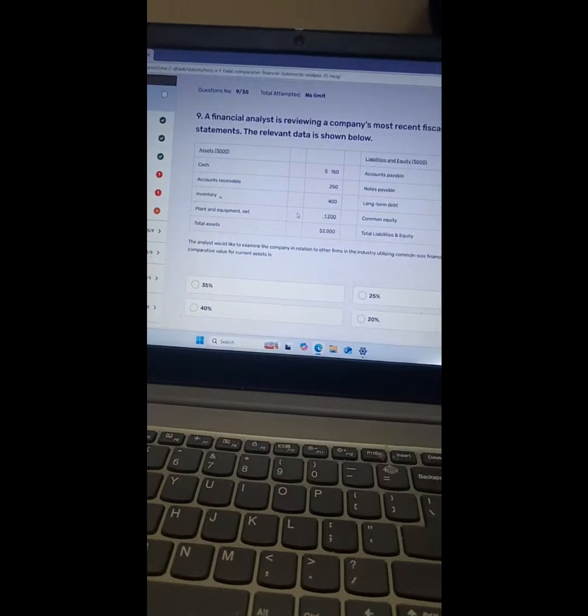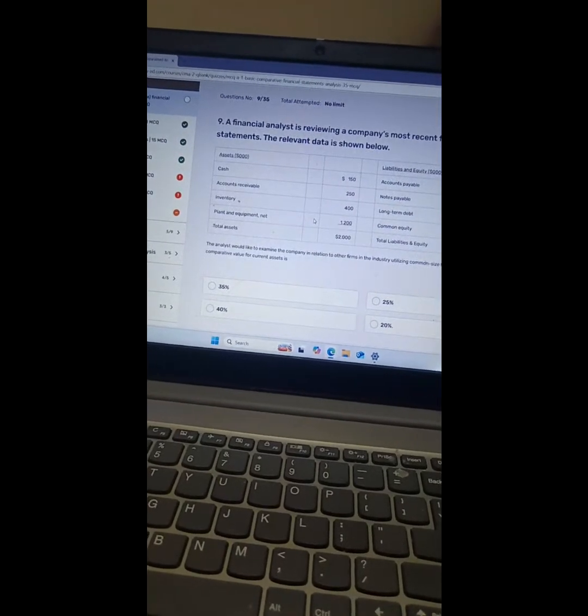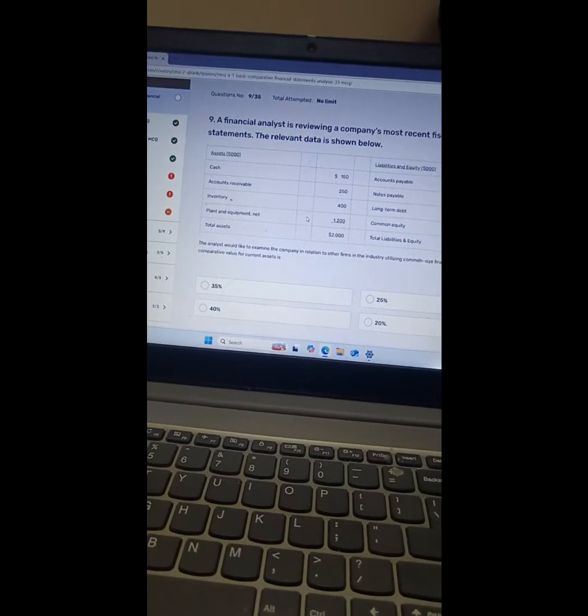What is the requirement of this person? Examine the company's relation with other firms in the industry, utilizing common-size financial statements. Only the current asset percentage needs to be calculated.